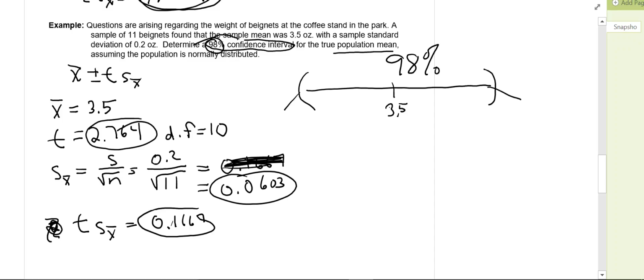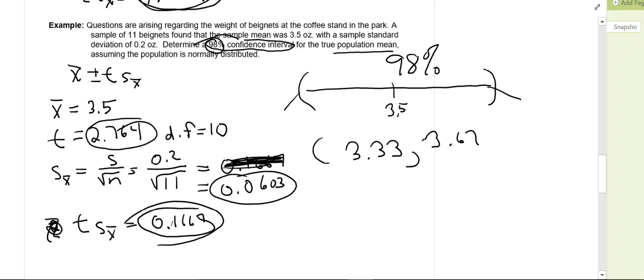When I subtract this number, 0.1667, from 3.5, I am going to get 3.33, rounded to 2 places. When I add it, I'm going to get 3.67.